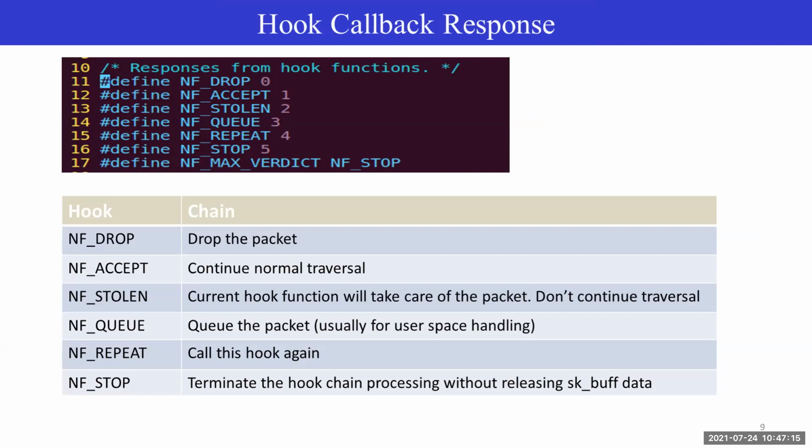If the third callback routine returns NF_STOLEN, that means the fourth and fifth callback will not be called further. Also, the packet will not be sent by the network stack. The packet will be taken care of by the callback routine itself.